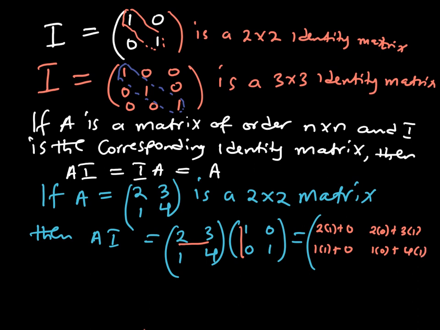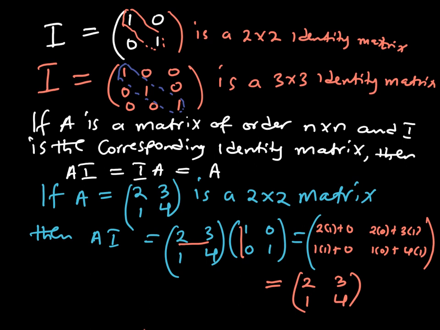So what do we end up with? You will get 2, 3, 1, 4. So the matrix has not changed. Therefore, that's why you call it an identity matrix. Multiplying an identity matrix by the corresponding n by n order matrix does not change the matrix.